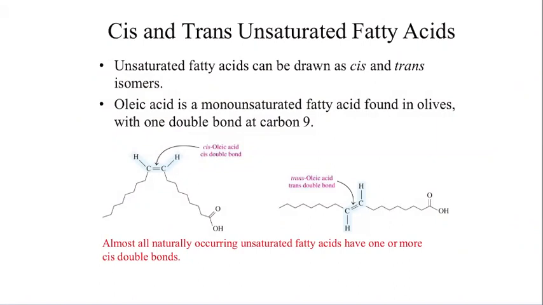But let's note that when it comes to naturally occurring unsaturated fatty acids, nature has most of its unsaturated fatty acids in cis form. Trans fatty acids, there's very, very few examples in nature. Actually, the preferred conformation for an unsaturated fatty acid is the cis bond.